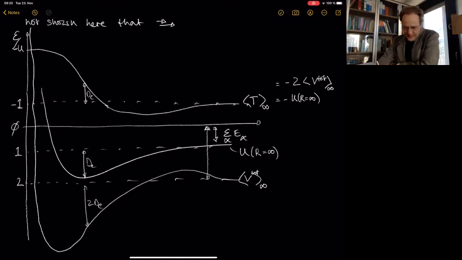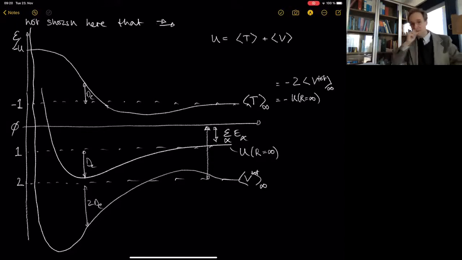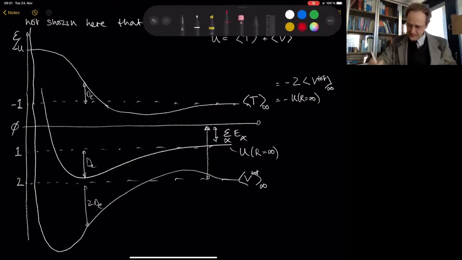So obviously at any point here, our U curve has to meet the condition that it sums up to these 2 contributions, right? All right. Now we distinguish these 4 regimes, and I'd like to draw them in here.